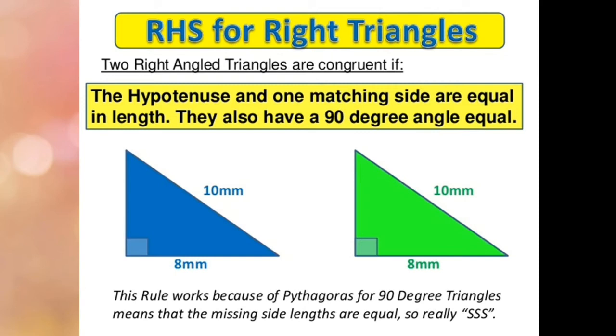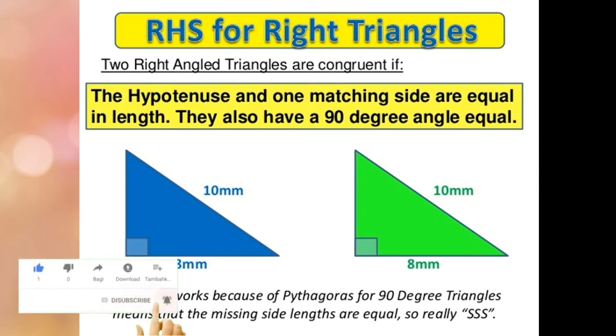Next one, RHS for right triangles. Two right-angled triangles are congruent if the hypotenuse and one matching side are equal in length. They also have a 90-degree angle equal. Okay, gaya nakita natin the triangles on the right side and the left side. We have the green and the blue triangle.